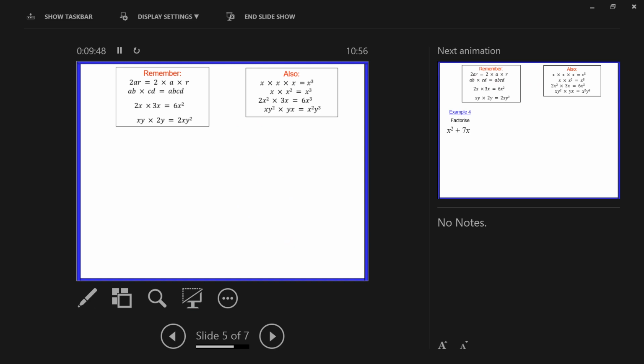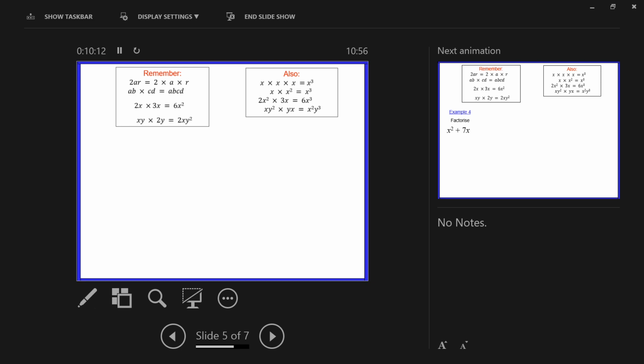Okay, so at the top, it says 2ar is actually 2 times a times r, right? And then ab times cd will give me abcd, okay? 2x times 3x will give me 6x squared. And xy times 2y will give you 2xy squared.